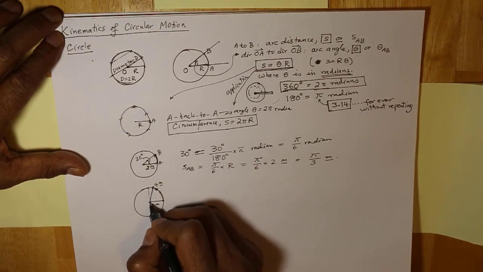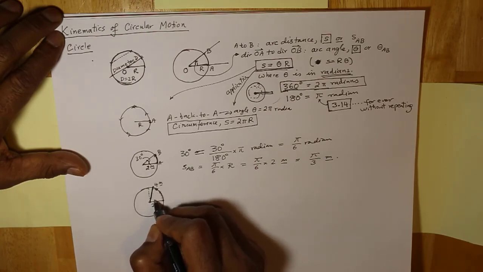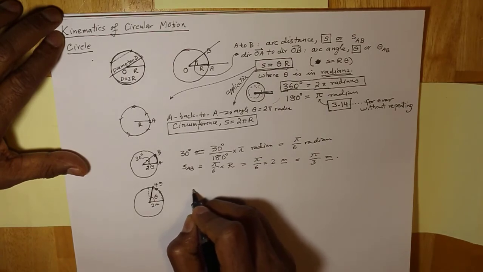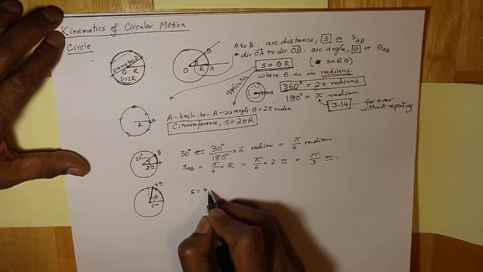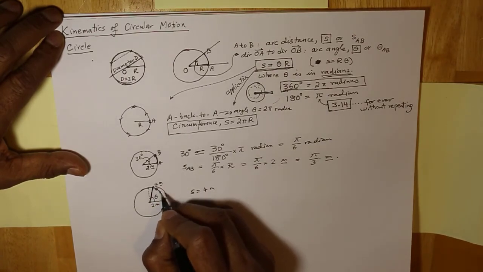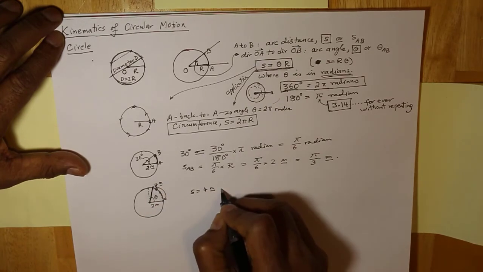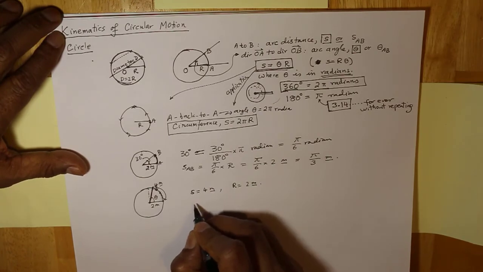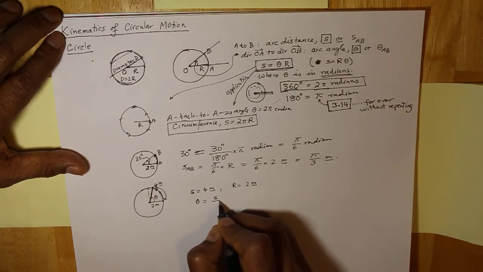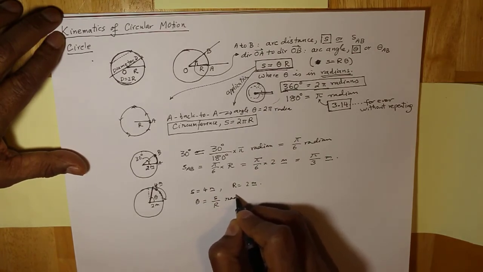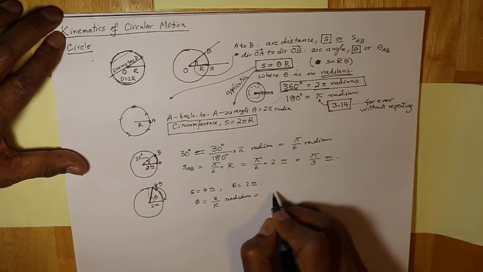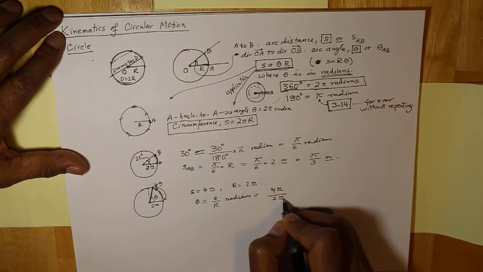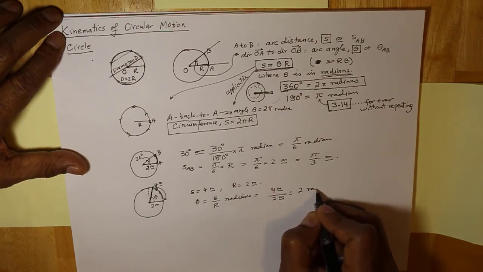So what is this angle? We can figure it out by using the same formula. S equals 4 meter you went, and R is 2 meter. Then this theta should be S over R radian. So we have 4 meter over 2 meter, which is 2 radian.